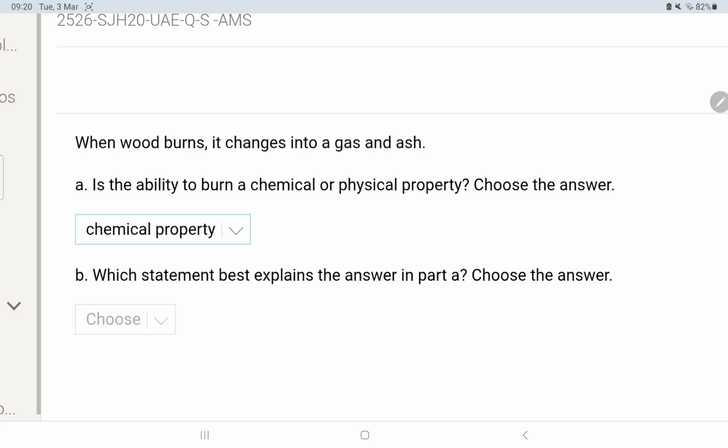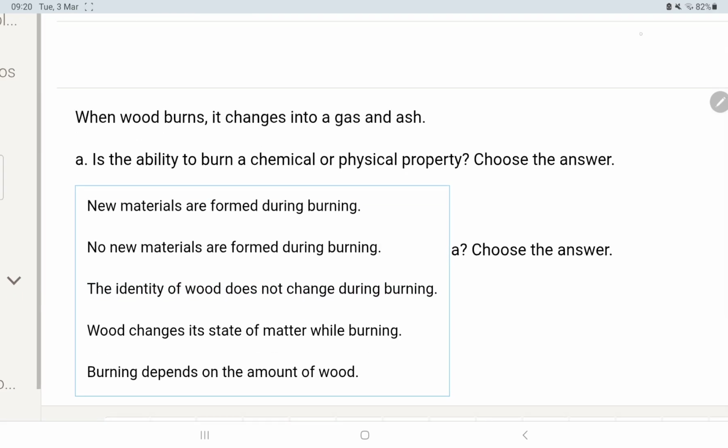Oh, just let me put the options here. So once again, when it changes, it is chemical. Also, CH for changes, CH for chemical. Also, if you guys want to know it that way. Let's see here. What best describes your answer in part A? We said that in chemical properties, it changes what it is made of.